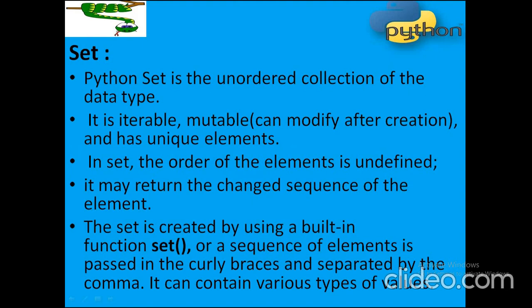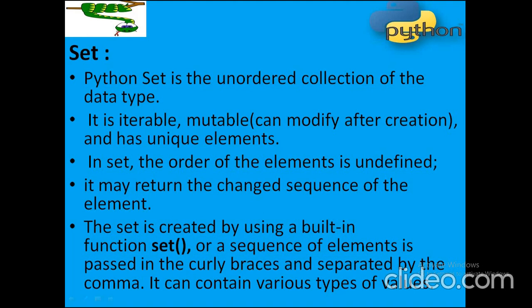Now the next data type is a set. A Python set is an unordered collection of data. It is iterable and mutable, we can modify it after creation, and it has unique elements. Suppose in a set we have a number 2 times. It takes only one occurrence even though we have the number 2 times or 3 times.